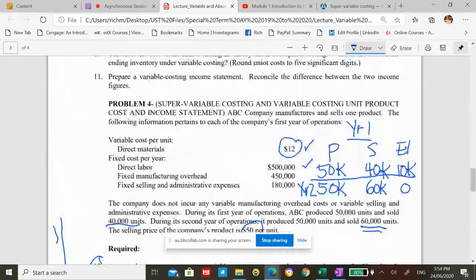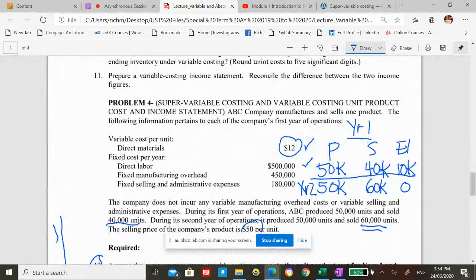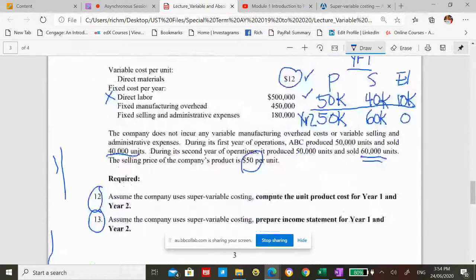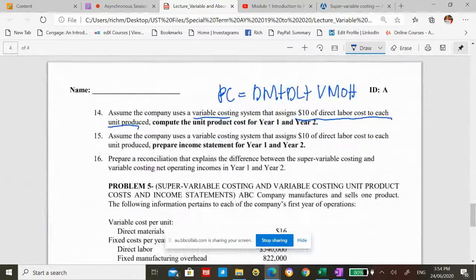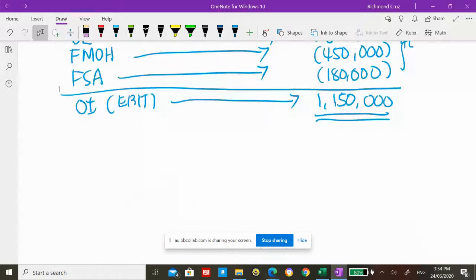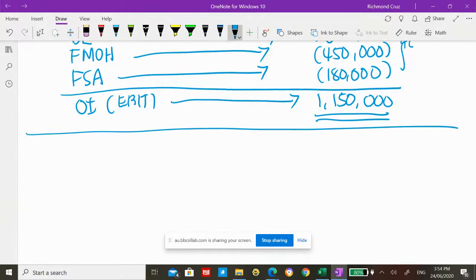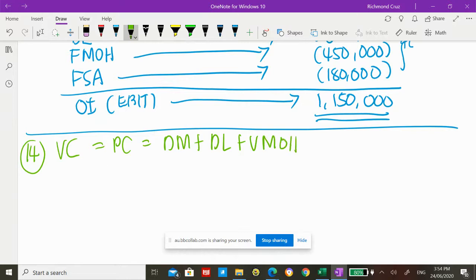So for this problem, we're going to ignore the direct labor cost because the direct labor rate of $10 is provided for us for number 14. So according to the problem, compute the unit product cost for year 1 and year 2. So let's answer that one here. This is number 14, and this is for variable costing, not super variable costing. The product cost will include direct materials plus direct labor plus variable manufacturing overhead.